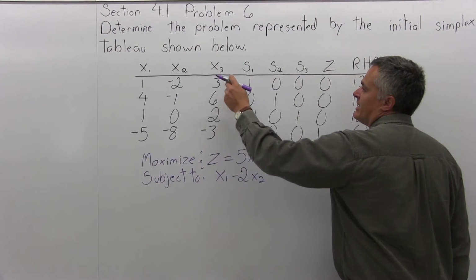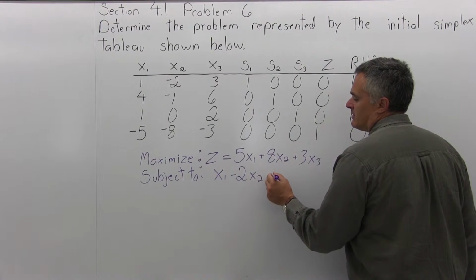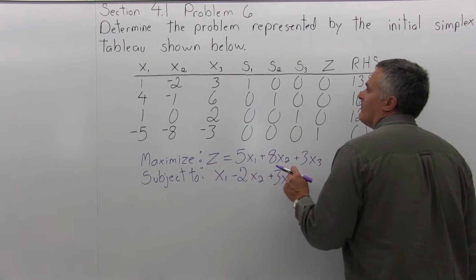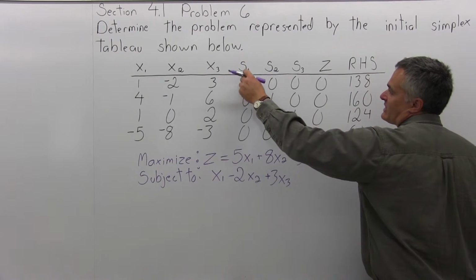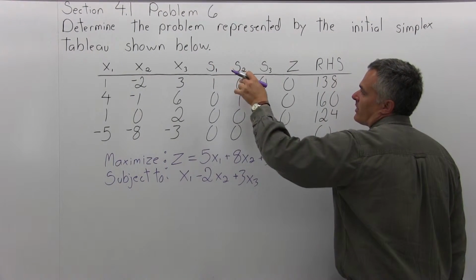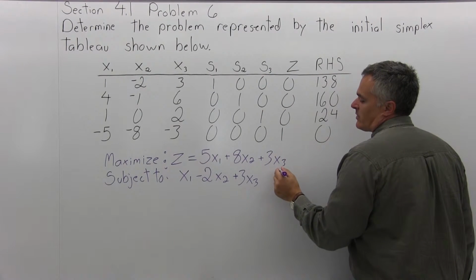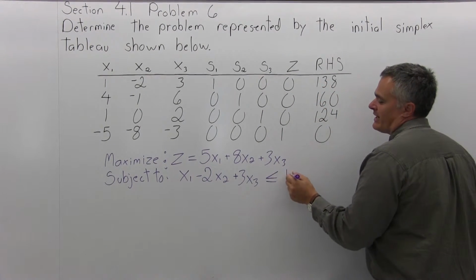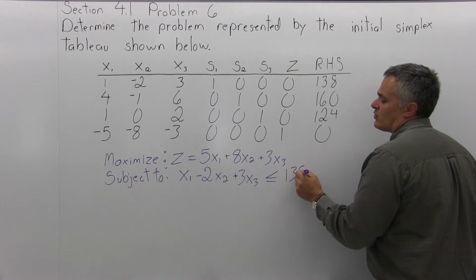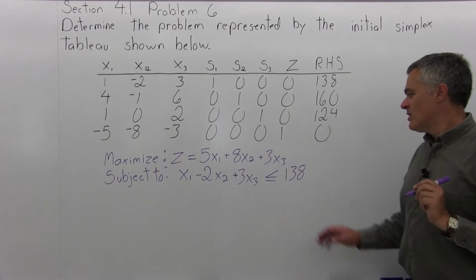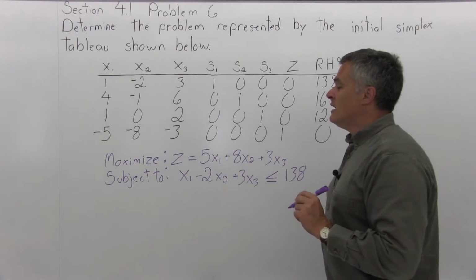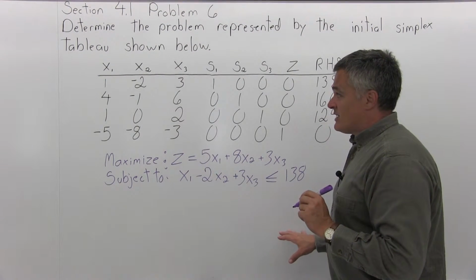I have a 3 in the x3 column, so it'd be plus 3x3. And then the 1 in the S1 column of the top row, I don't have to worry about. The zeros, I don't have to worry about. I would have less than or equal to, the value in the right-hand side column is 138. So that's what goes on the right side of my less than or equal to symbol. So that's the first constraint that I just wrote.